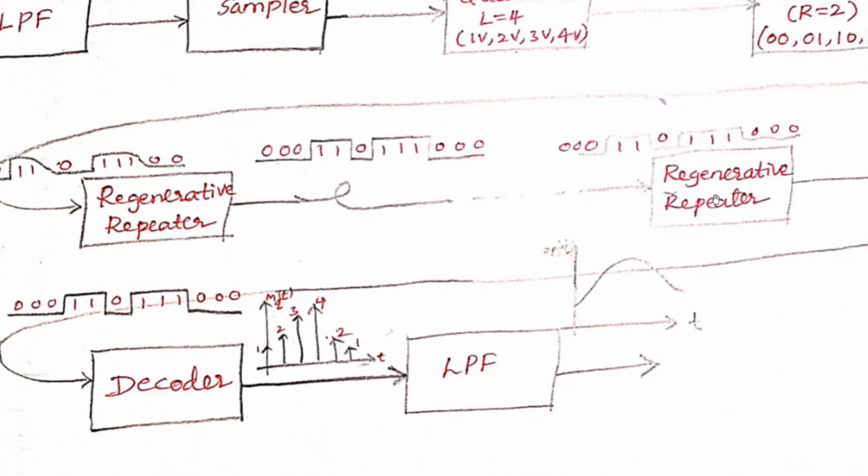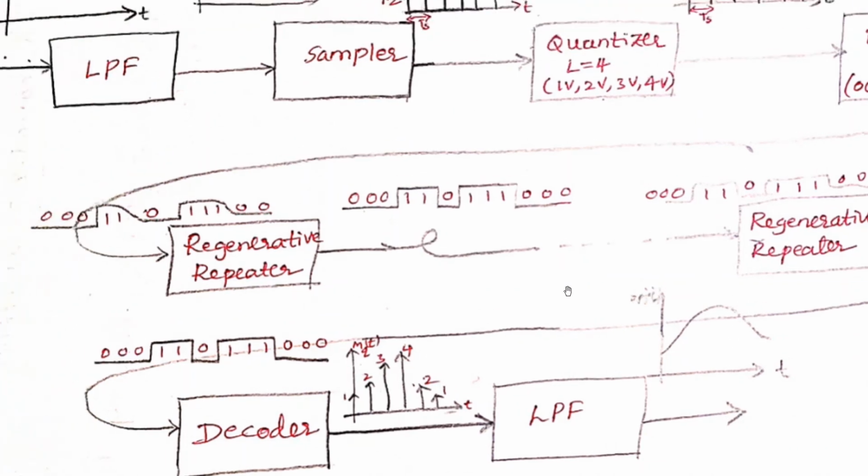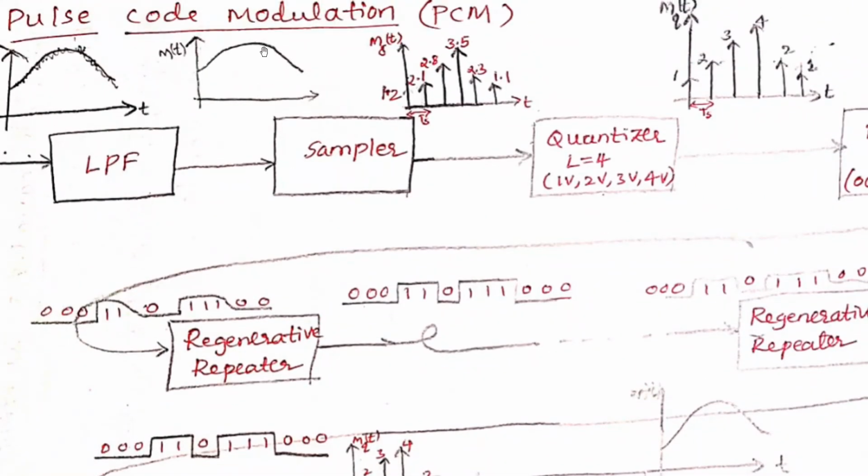Then the signal is applied to the decoder, and the decoder converts the digital bit stream into the corresponding voltage levels. Now we apply this signal to a low pass filter, which smoothens the signal, and this will be an approximation of our message signal which we had transmitted.